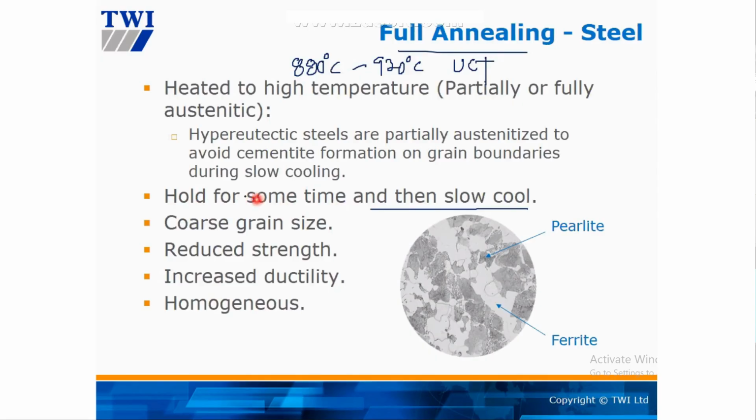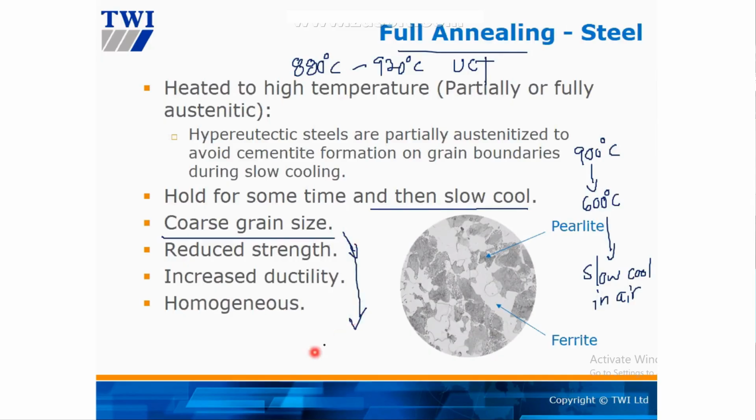Basically, from 900 degrees C, they will reduce the temperature in the furnace down to 600 degrees C before they slow cool in air. So this is controlled in the furnace, the temperature. So this is a very, very slow cooling rate. What happens? It will produce coarse grain size. When it produces coarse grain size, normally it will produce low toughness. Write down low toughness.